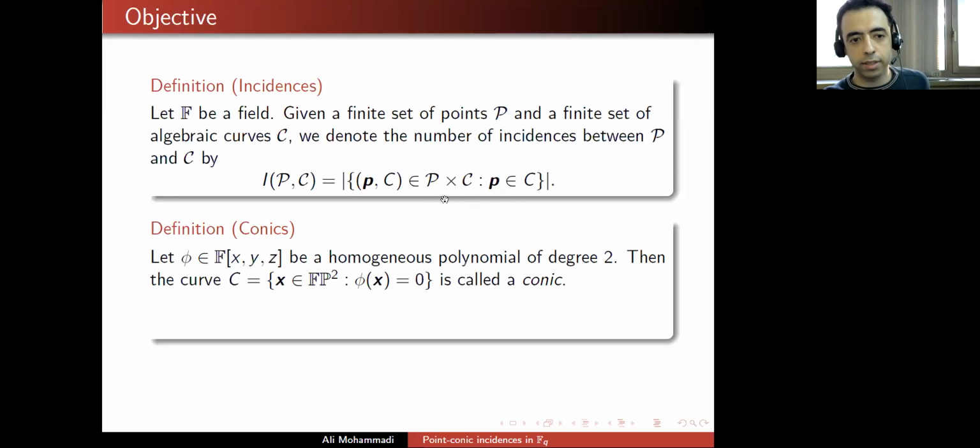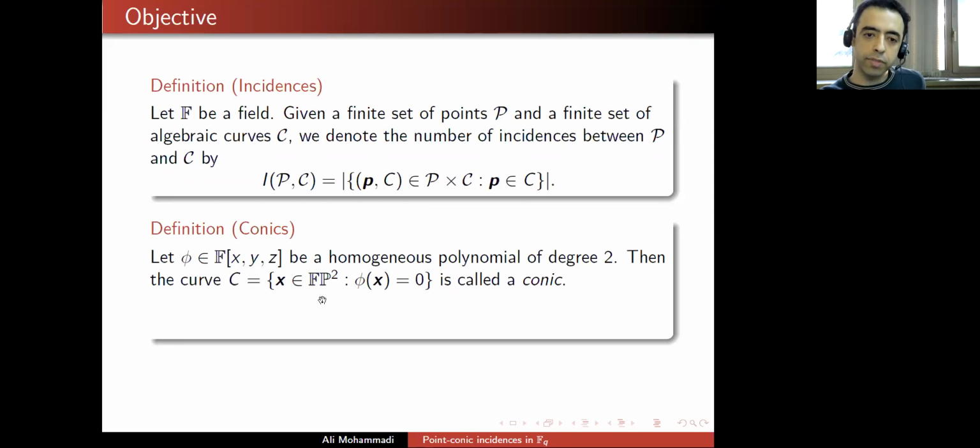And conics will be defined by letting phi be some 3-variable polynomial. It should be homogeneous, as in each monomial has degree 2. So, you know, xy plus y^2 plus xz and so on.